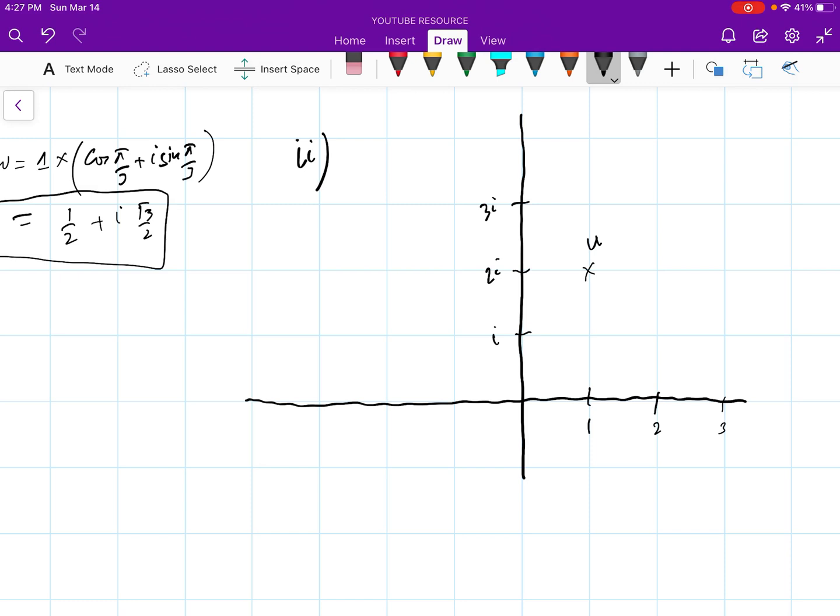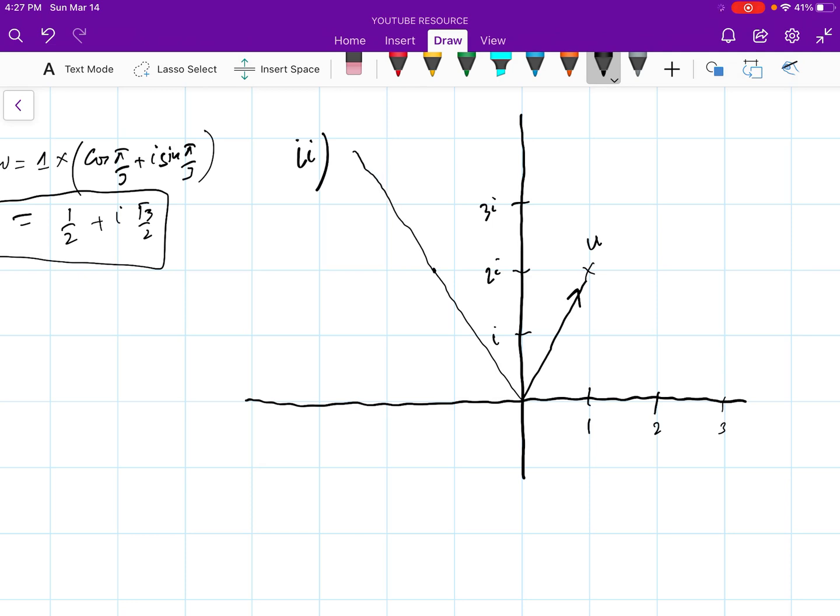We have to show the point representing v in a relatively correct position. The argument of u comes first, and then we add pi by 3 to it, that will be the argument of v. So if we find the pi by 6 here, it should be approximate, somewhere in this direction.